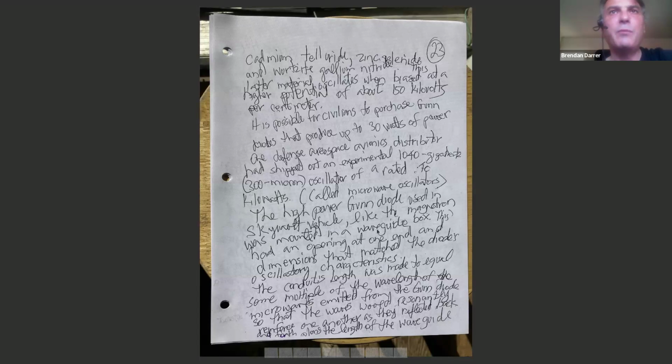The high power gun diode used in Skyvolt vehicle, like the magnetron, was mounted in a waveguide box. This had an opening at one end and dimensions that matched the diode's oscillatory characteristics.